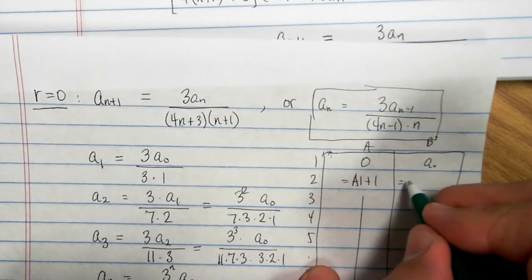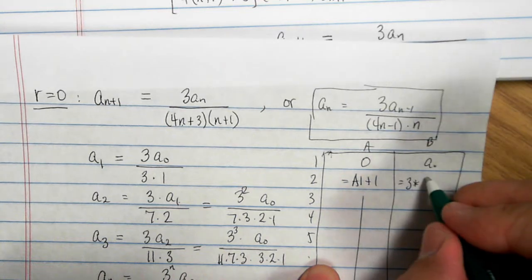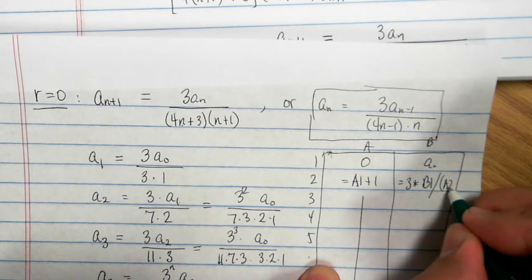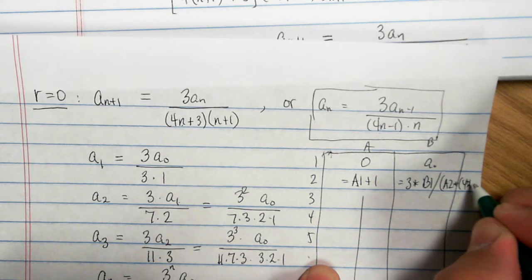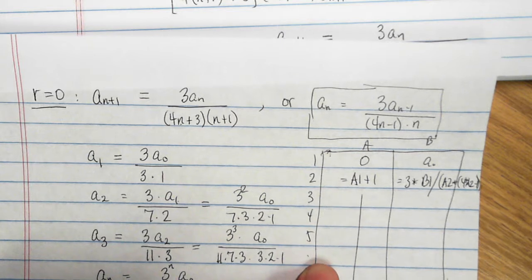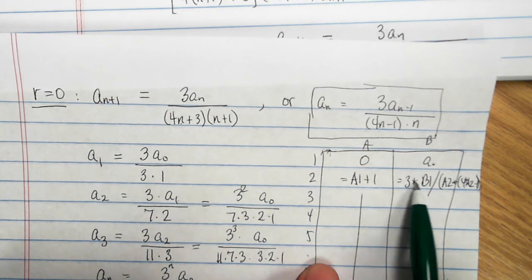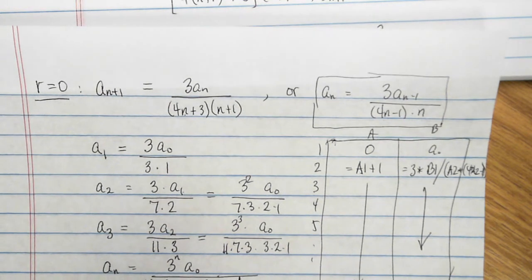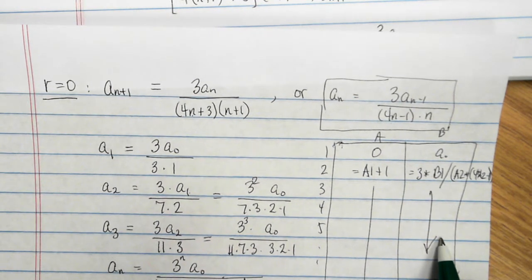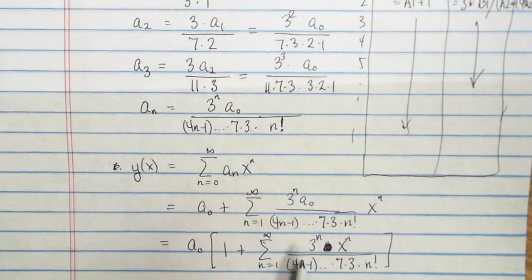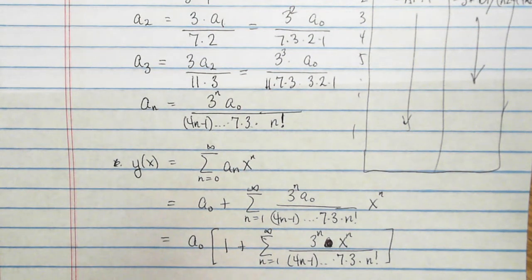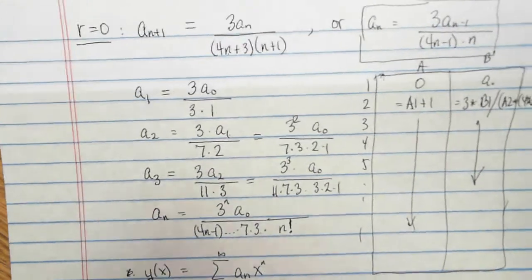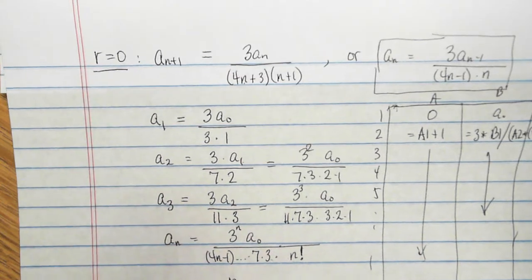Then to program this would be equal to 3 times the previous term divided by n times 4 minus n, or 4 times n minus 1. And so that's what I would put here, and then that would fill down, and then I can get the coefficients. So that's how the Excel could spit out the coefficients. This one is actually sufficiently uncomplicated that I can actually figure out the closed form expression. Okay, that's 1 down, 1 to go, because that's r equals 0.